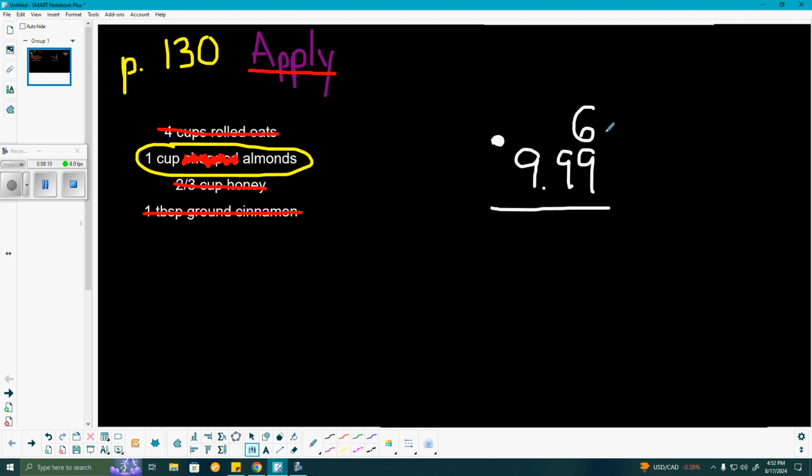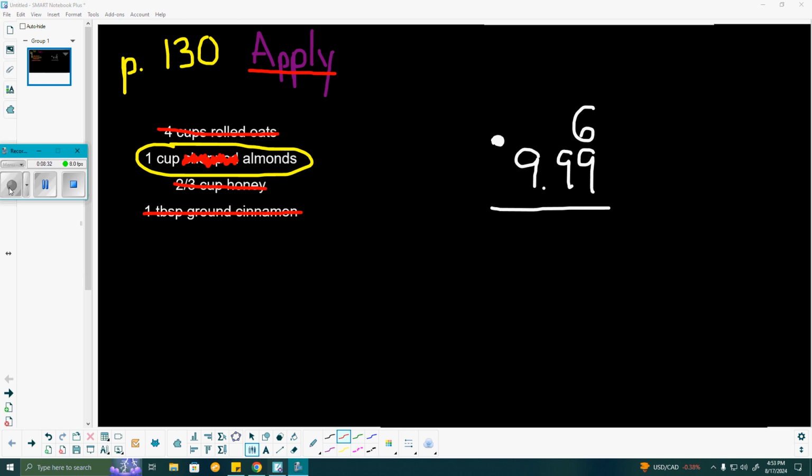I know perhaps you're used to using the larger amount on the top with this single number on the bottom. Either way you do it, it doesn't matter. Multiplication is commutative. So whether you do 6 times $9.99 or $9.99 times 6, you will get the exact same answer. Now, we're ready to multiply.